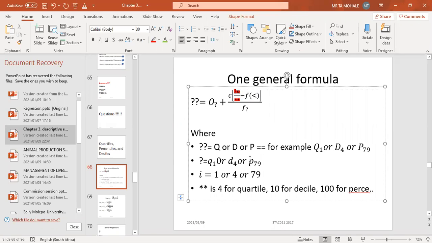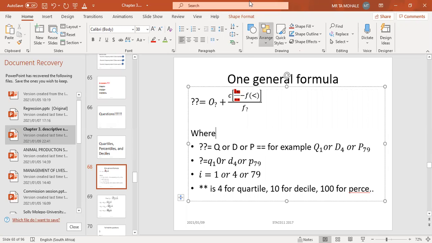So let's say you are calculating Q1. What will be the position of Q1? Position of Q1, 1 over 4. Didn't you forget N?